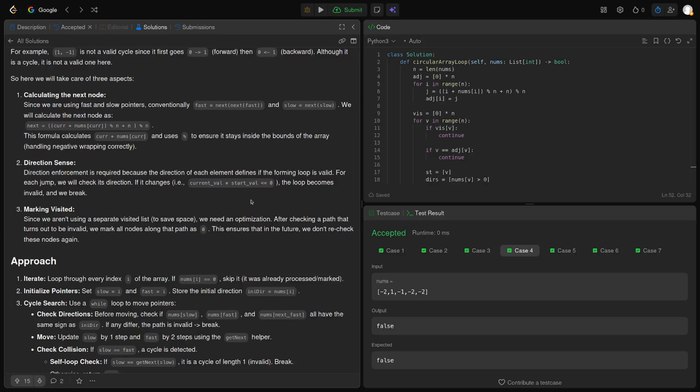That's a good trick, to be honest. I mean, let's say you have an even length cycle, so you will start both nodes here, then jump like that. I mean, doesn't matter because the second one will catch up.